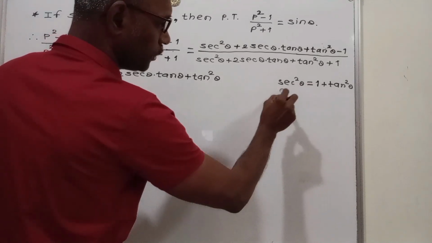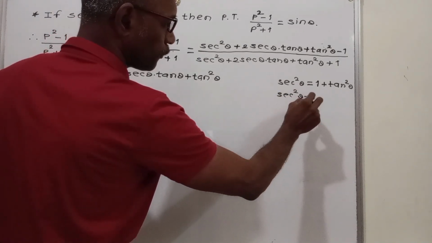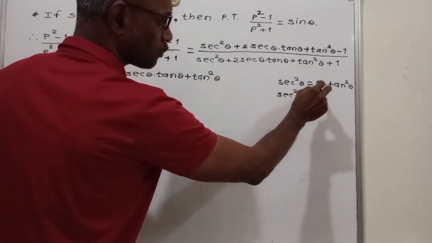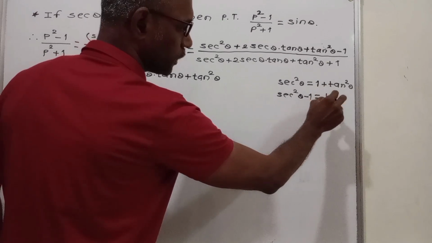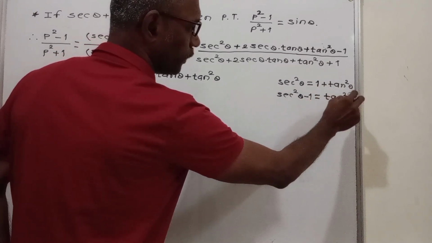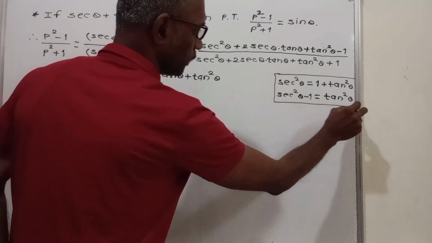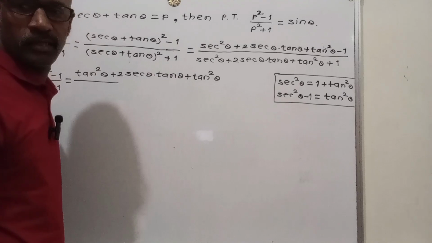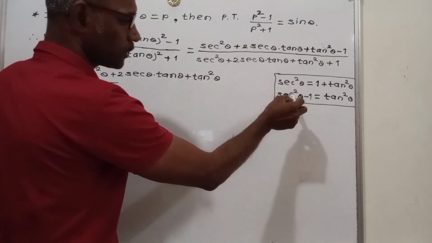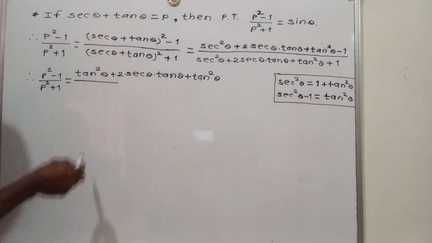We take plus 1 to the left, it becomes minus. This is our formula. See this. We take this 1 to the left, then it becomes minus. So sec square theta minus 1 means tan square theta. Okay.